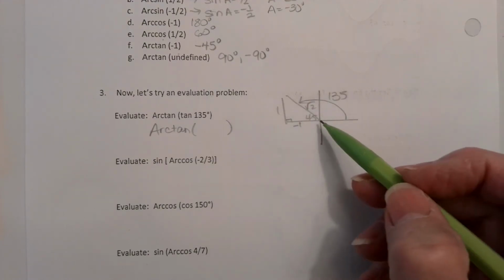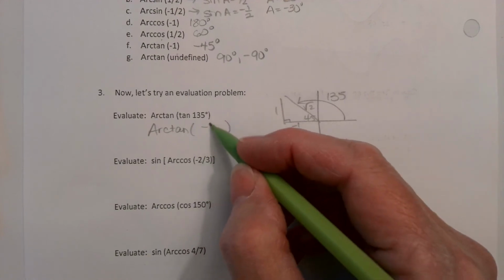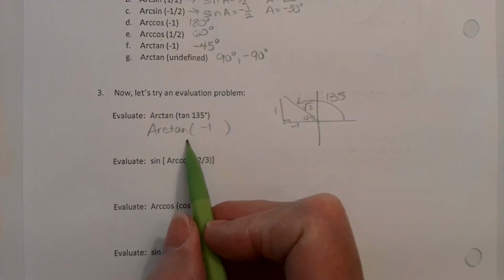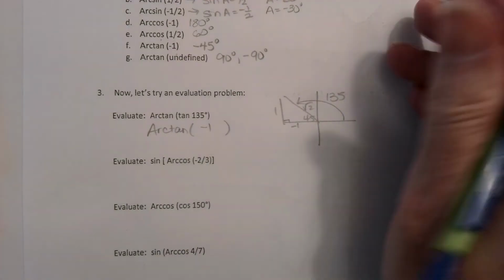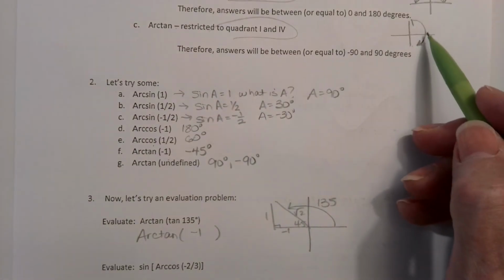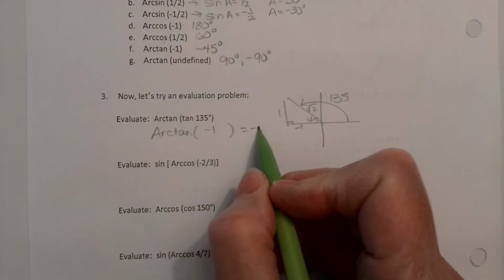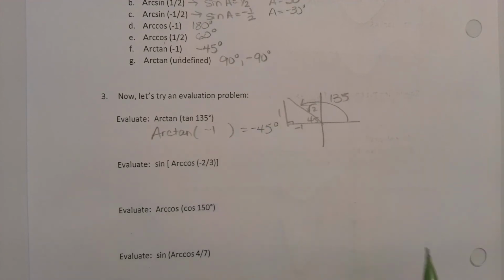That one's positive. Tangent's going to be negative 1. So what angle has a tangent of negative 1? Now we've got to go back to this restriction. So it's going to have to be in this quadrant. We already talked about that once. It's negative 45 degrees.